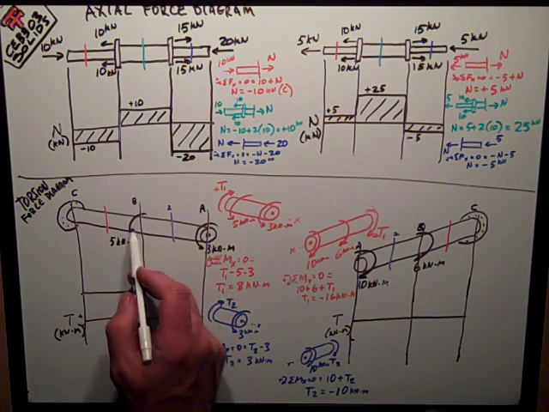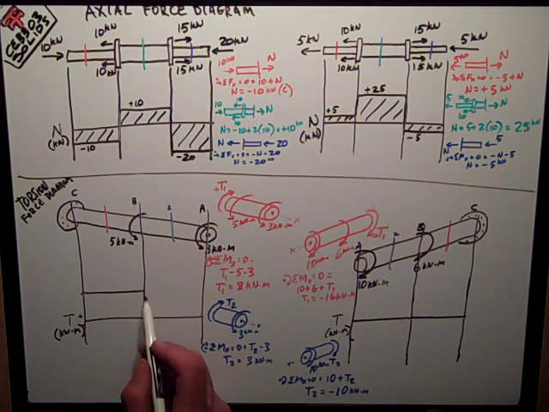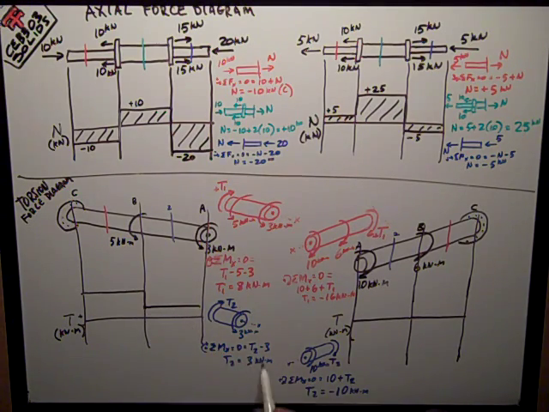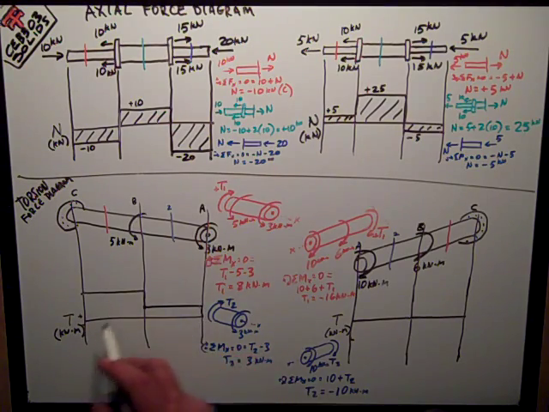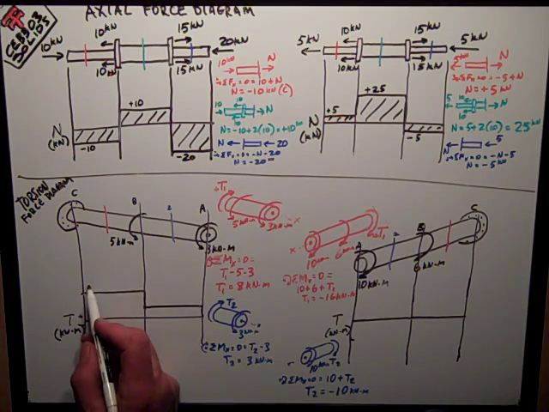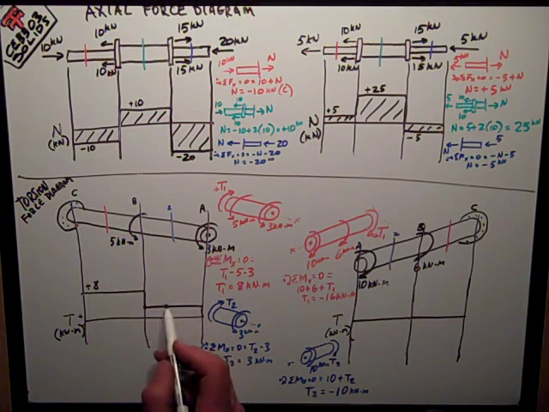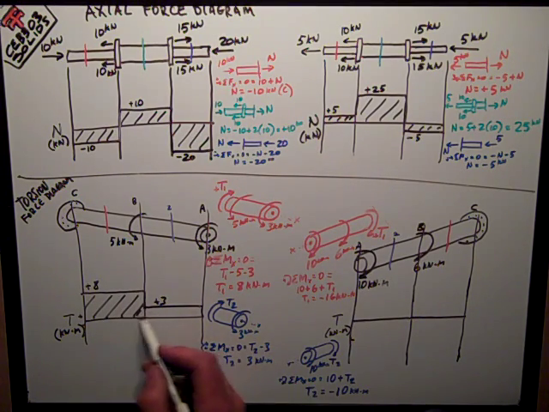This segment doesn't feel, if you will, the torsion caused at B, so it drops down to this 3 that I calculated down here. And I can also see that just by feeling, be the shaft, and feel the forces that it's under. So that's just positive 8. This is positive 3, and that's my torsion diagram for that problem.